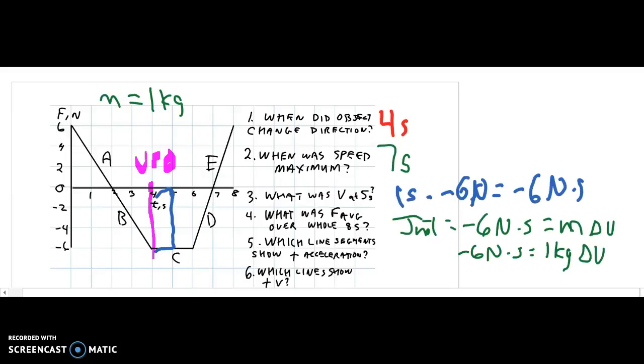The initial velocity was 0. So when I do this math, I'm going to get a change in velocity equals negative 6. Right? I know the unit is meters per second, so the change in velocity, or the v final, excuse me, if the initial was 0, is v final equals negative 6 meters per second.